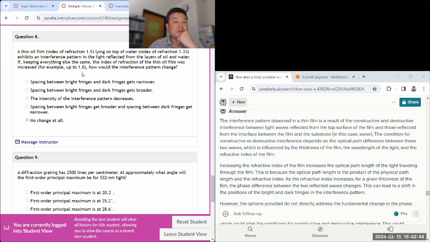So I think the only thing that changes is with the higher index of refraction, the effective thickness of the oil film is thicker, or when you count in terms of number of wavelengths, more wavelengths would fit.